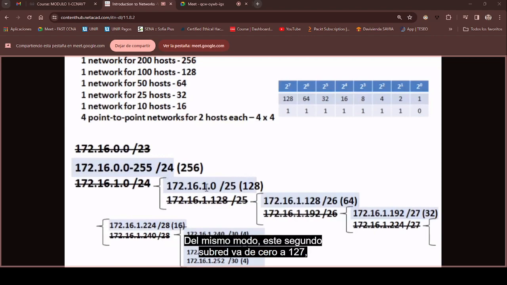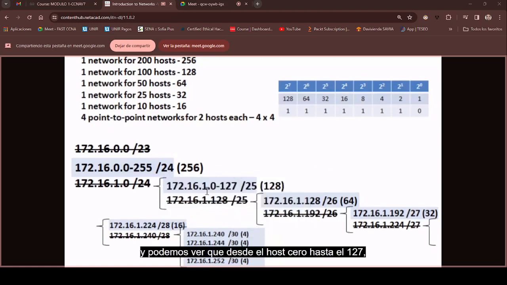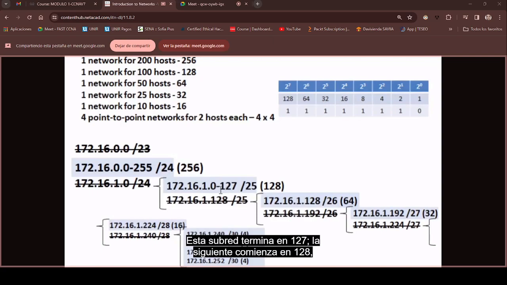Similarly, this second subnet goes from 0 to 127, and we can see that from host 0 to 127, the next subnet at 172.16.1.128/26, that there's no overlap. This subnet ends at 127, the next subnet begins at 128, and so on and so forth.